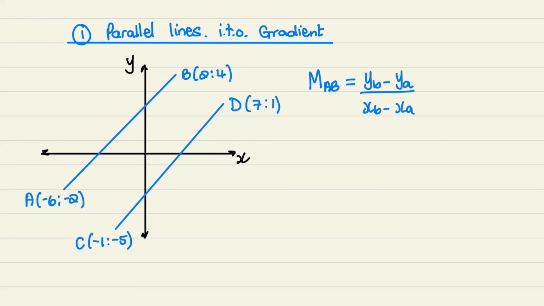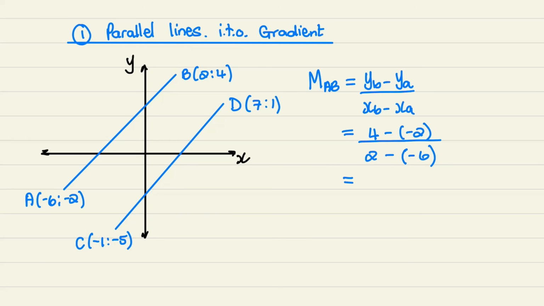So what we can do is calculate the gradient of line AB. In a previous video, we discussed how to use the gradient formula correctly. So when I substitute, y of B is 4 minus y of A, which is -2, over the x of B, which is 2, minus the x of A, which is -6.